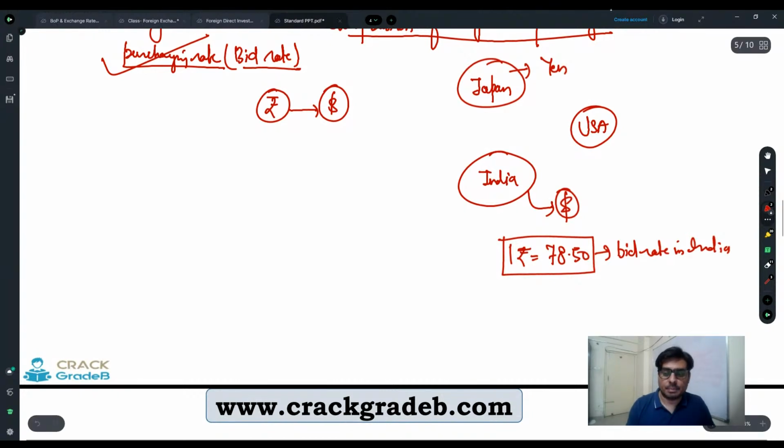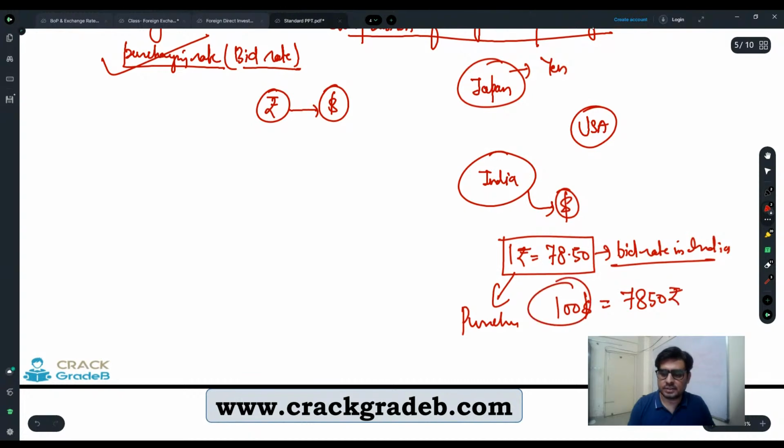Whereas in the Japanese market, you found that if you are here, you first purchased $100. For $100, you have paid 7,850 rupees.